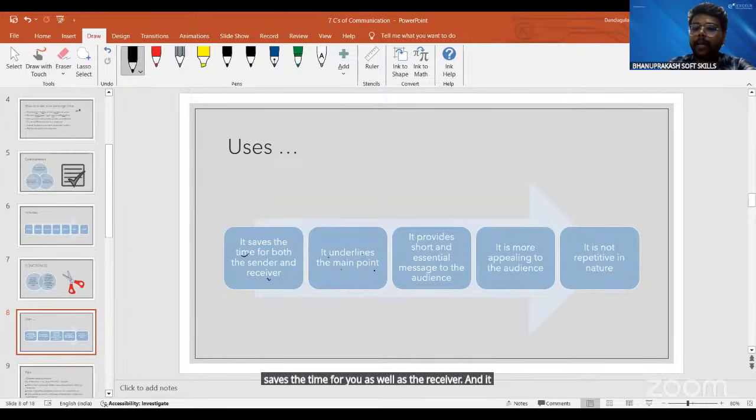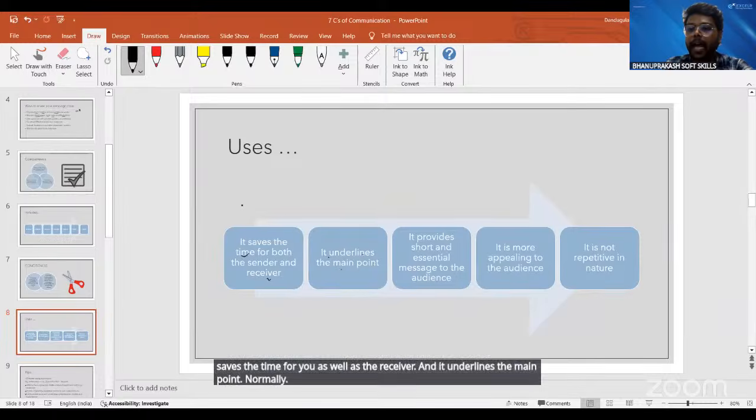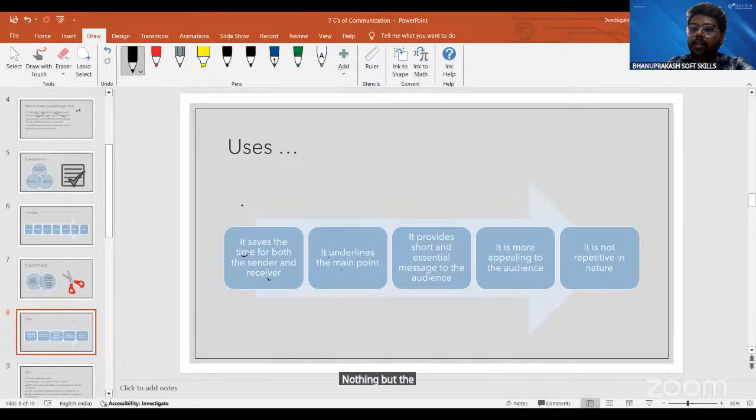And it underlines the main point. Normally, we have this habit of underlining in our childhood, like in the summaries or the whole textbook, we underline whatever we feel is important, right? And this underlined part is exactly the conciseness. So you should only speak that underlined part, underlined in the sense of important things.